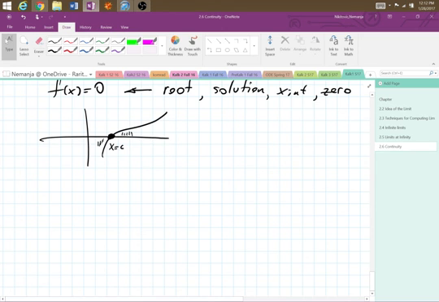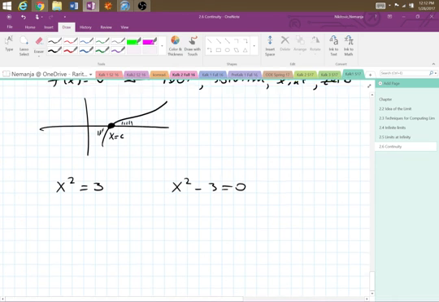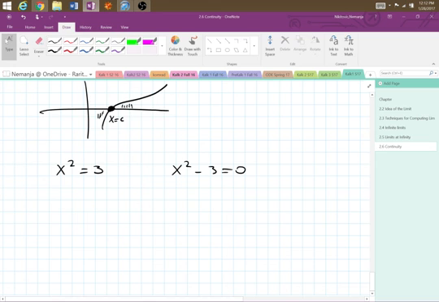It's really tedious work, but it works. Let's say you are trying to solve x squared equals 3. This is really nothing of an example, but there it is. You know that x squared minus 3 equals 0 is something that you can graph. Let's graph underneath.